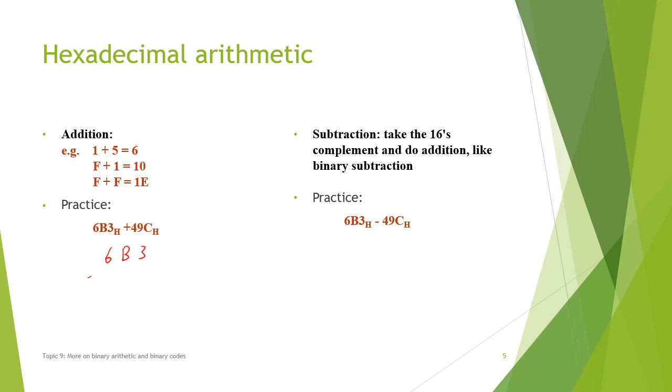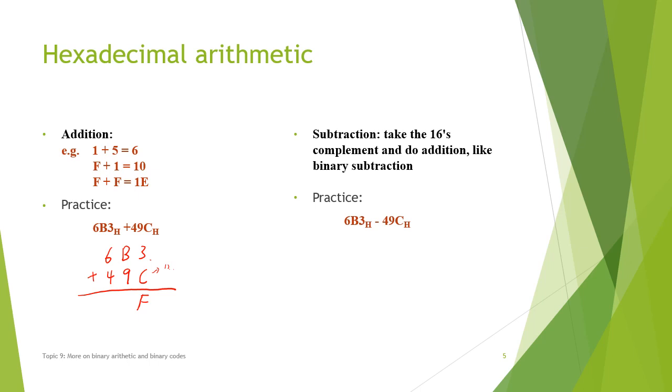So let's try this. 6B3 plus 49C. Okay? So just do it like the binary addition and the decimal addition, except that we are using hexadecimal numbers. So 3 plus C, basically C is equivalent to 12. So 3 plus 12 equals 15, and we have a letter to represent 15, which is F, right? So no carry here.